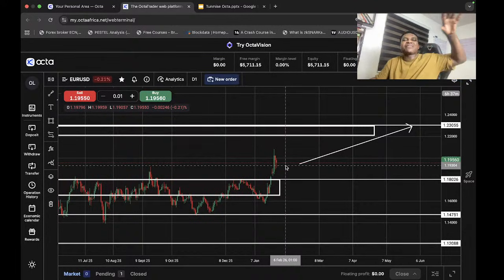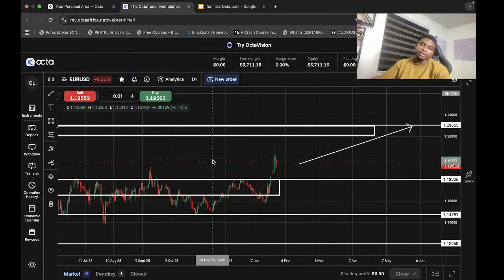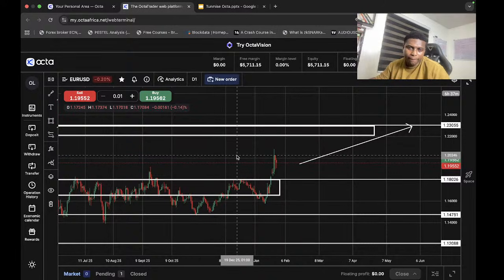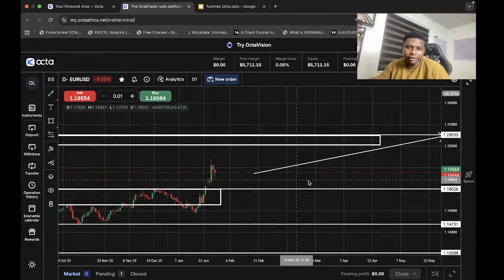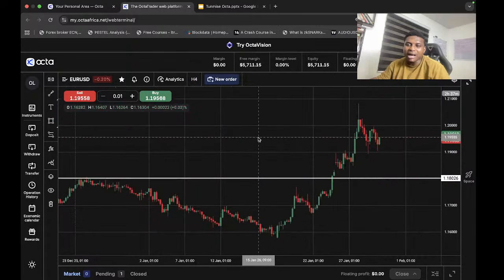After looking at the historical price movement and our current price movement, I am deducing that the market is bullish. Alright, so let's go down to the 4 hours time frame.